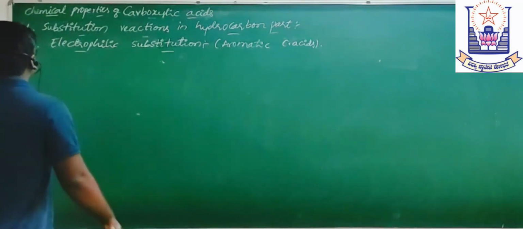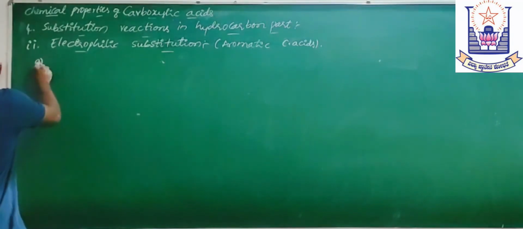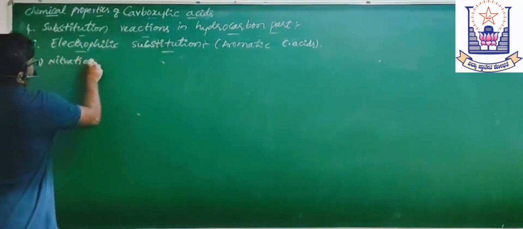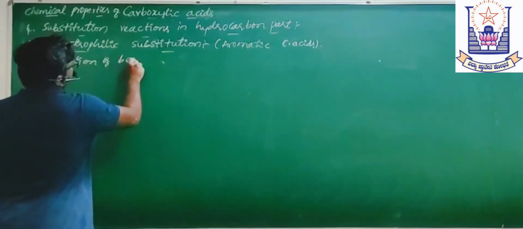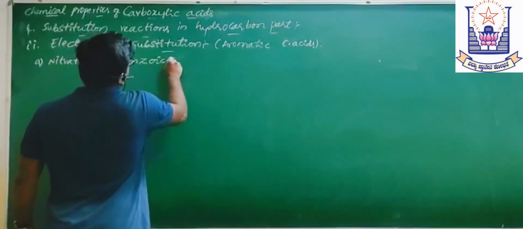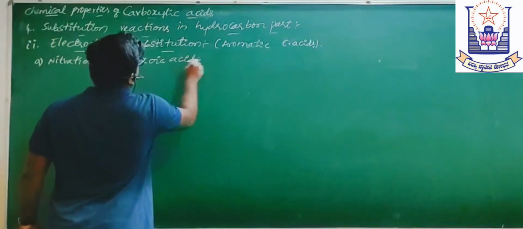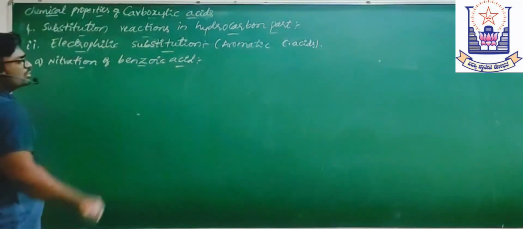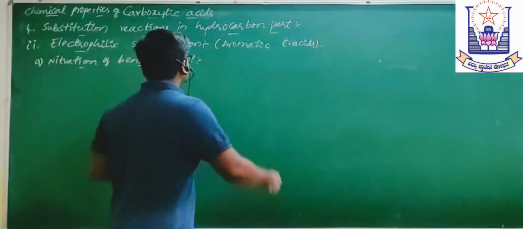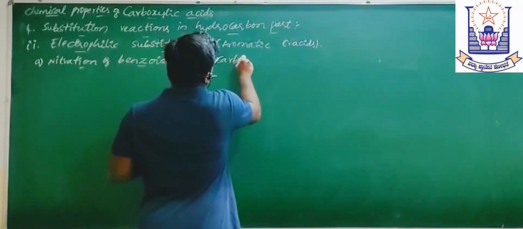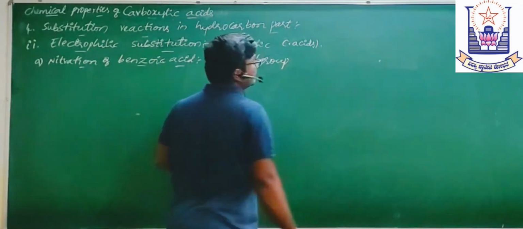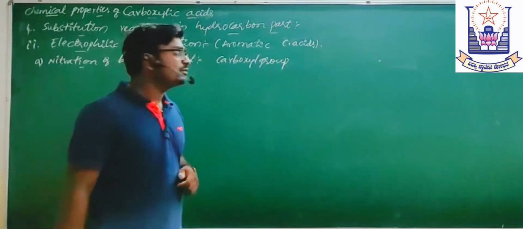Let us engage the nitration of benzoic acid. Here, in benzoic acid, the carboxyl group is meta-directing. The carboxyl group is a deactivating group, an electron withdrawing group.